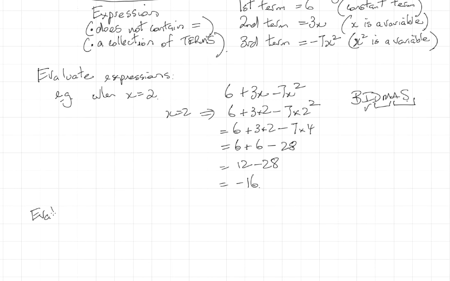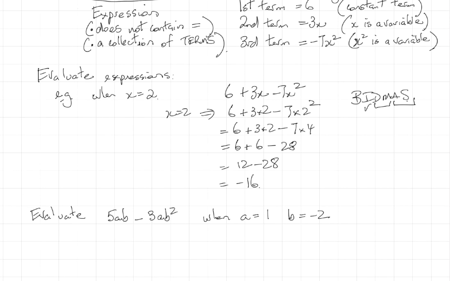Evaluate 5ab minus 3ab squared when a equals 1 and b equals negative 2. Okay, so a and b are our variables.